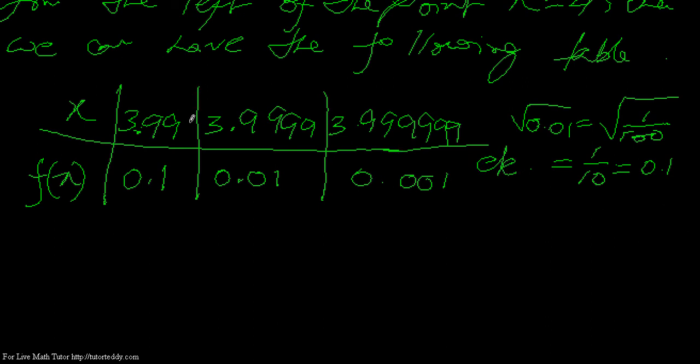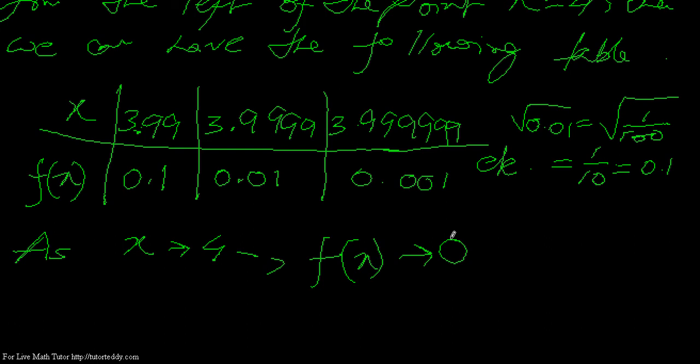From this table, it is clear that when x approaches 4 from the left of the point x equals 4, f(x) gradually approaches, you see, from 0.1, then 0.01, then 0.001, it approaches 0. So we can write as x tends to 4 minus, f(x) tends to 0.